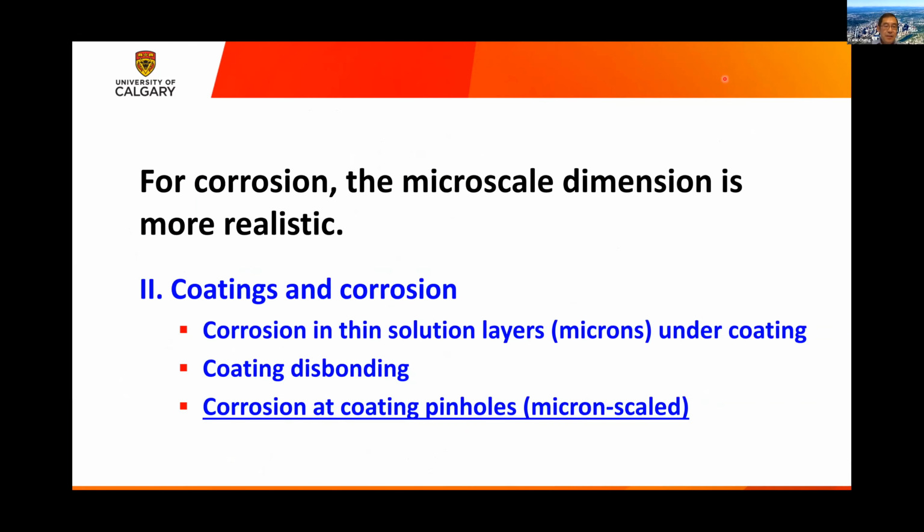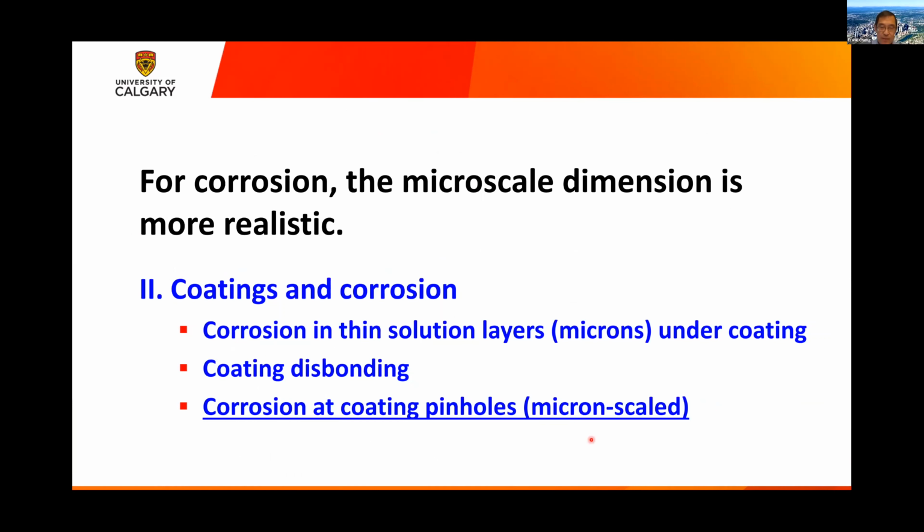For micron scaled corrosion, another typical application is coating. Coating can suffer from disbonding, can have different breakage, and also different pinholes. So this failure usually is micron scaled. Because of time, I will only present the corrosion at the coating pinholes.